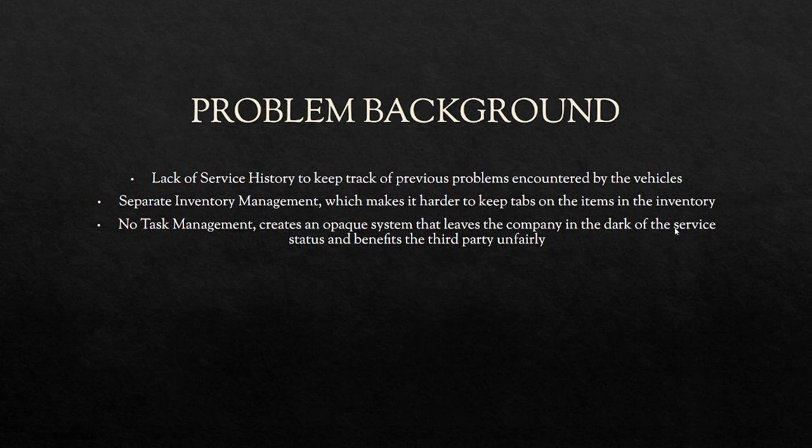And to mitigate this problem, because the problem is quite opaque, and to make it more transparent, the third party can update their progress in the task management. So these are the problems that the fleet management system has to face, and these are the problems that we are trying to tackle.